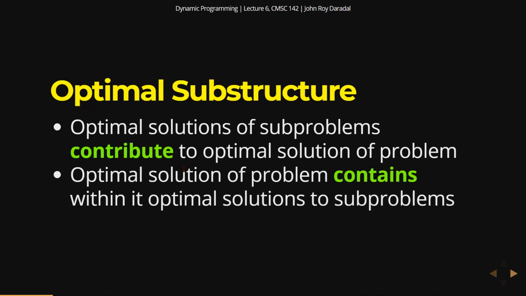Another way to look at it is the optimal solution of the problem contains within it optimal solutions to subproblems. So we will have to express the original problem in terms of smaller subproblems in this case.